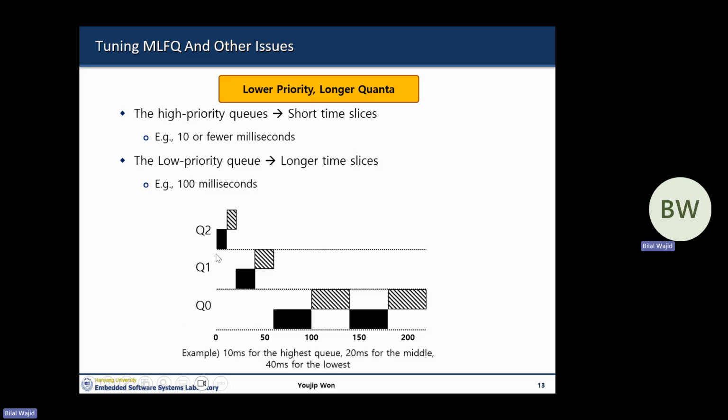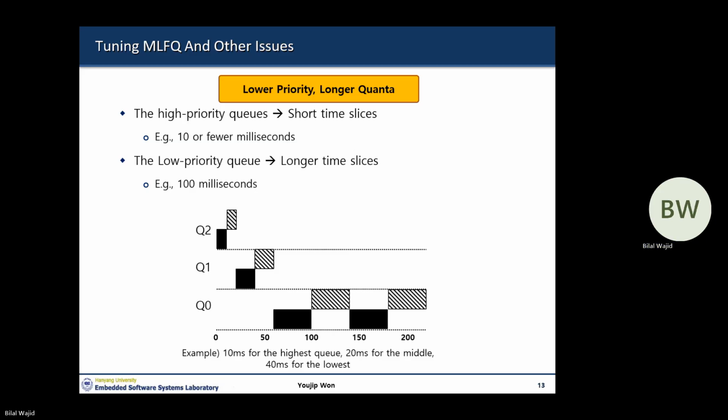Processes at the higher priority level are given a smaller time slice, but as they go down the priority levels, the quanta size increases. That way, processes which are CPU intensive, doing very meaningful calculations, get the time they need. So that's how lower priority jobs also eventually get done.